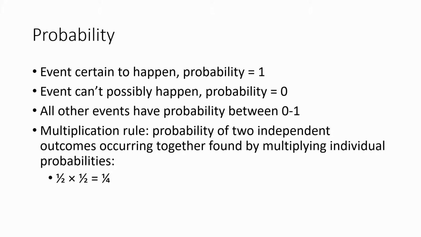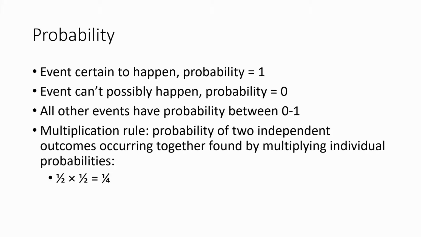So for example, getting more energy out of a system than you put in, or producing energy out of nothing, so talking about violating the law of conservation of energy. That's impossible, so that has a probability of 0. And anything else, depending on how likely it is to happen, has a probability between 0 and 1.